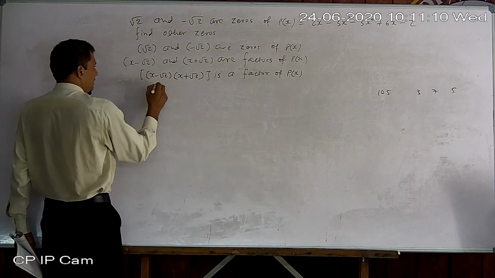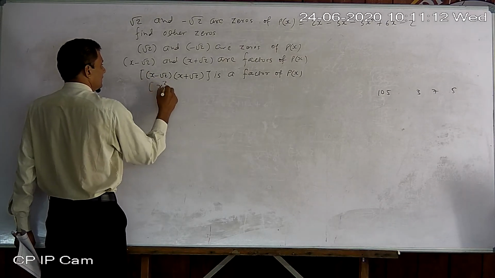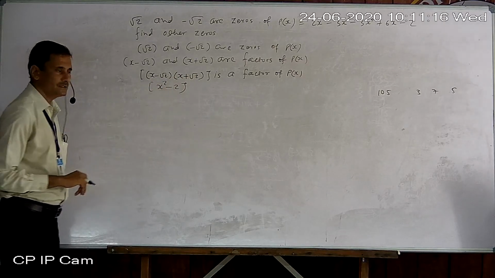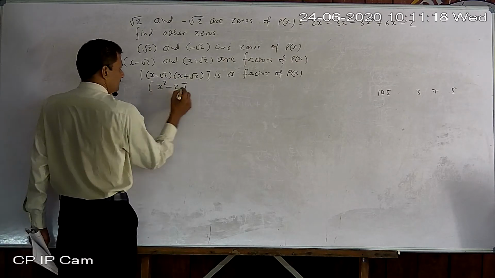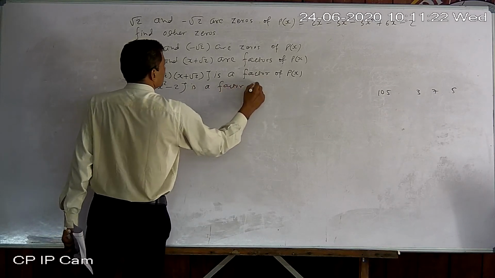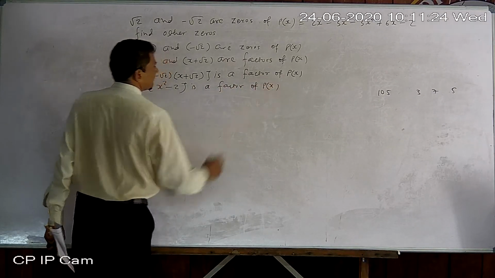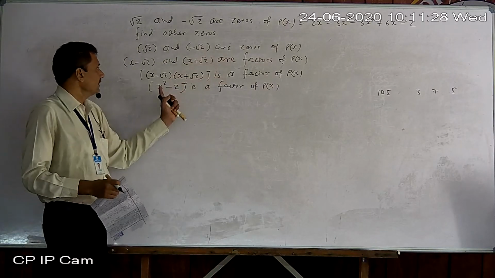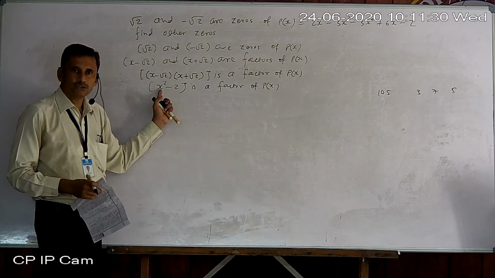So that becomes x square minus 2. Why? a minus b, a plus b gives a square minus b square. So x square minus 2 is a factor of P of x. So we got one factor. Now just like the previous one, divide the given polynomial by x square minus 2.